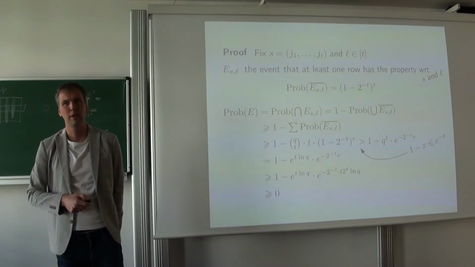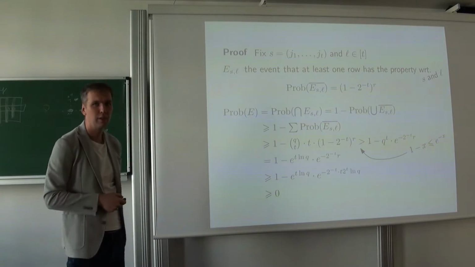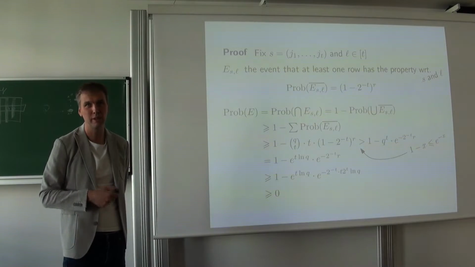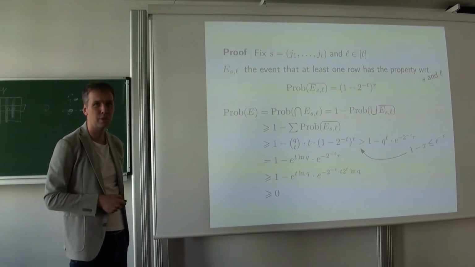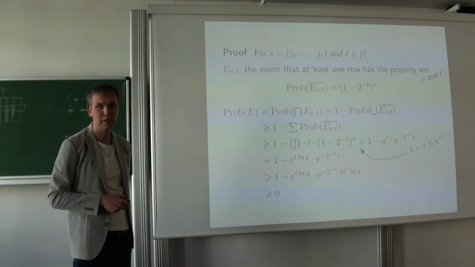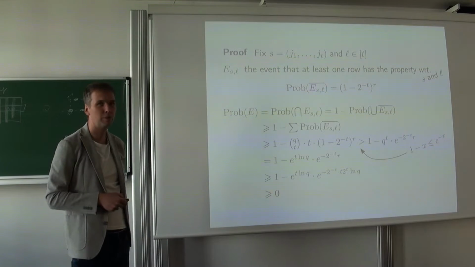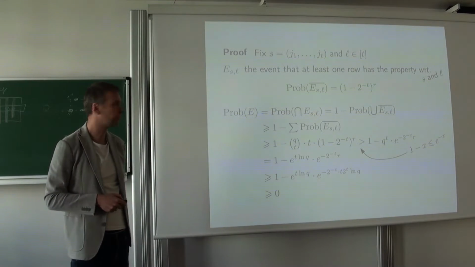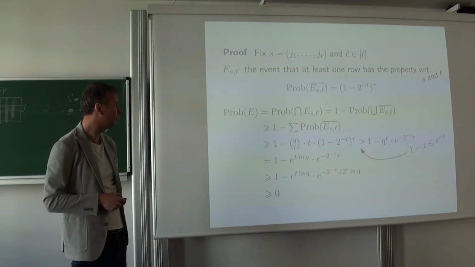Okay. Now the probability that a good thing happens in total is the probability that for every choice of yours, a good thing happens. And this is the same as 1 minus the probability that the union of bad things happens. And this looks like a union bound.